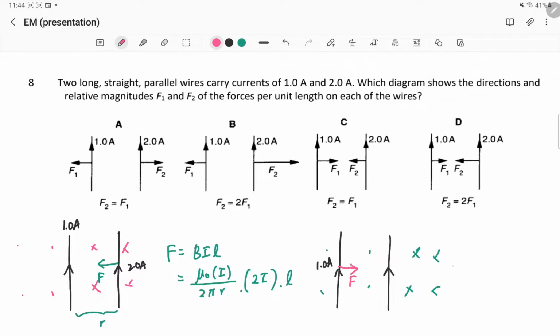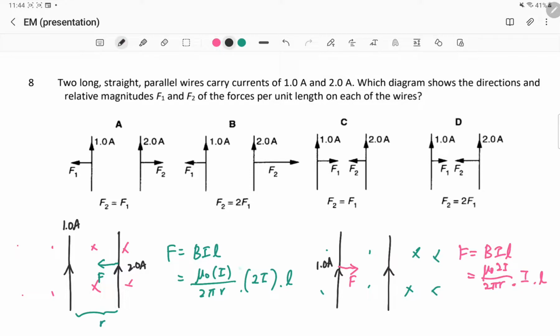The magnitude is BIL once again, but this time the B field is due to the 2 ampere, so it's mu naught 2I divided by 2 pi R, times I, because this B field is acting on the 1 ampere, times L.